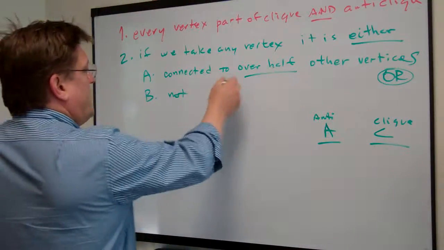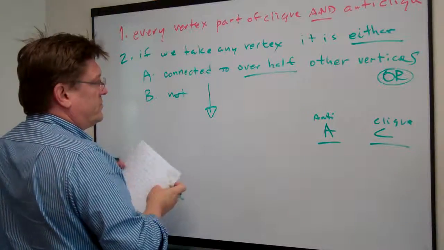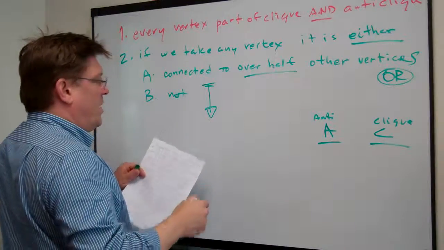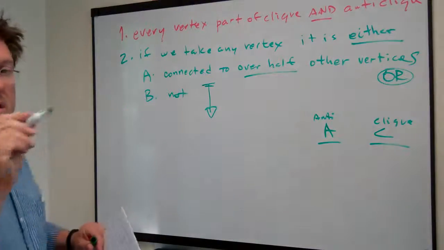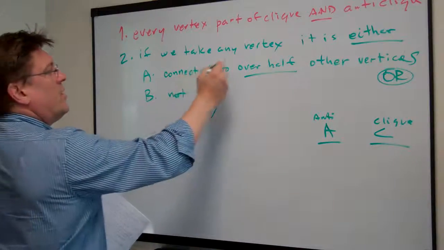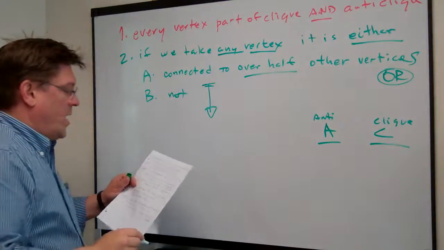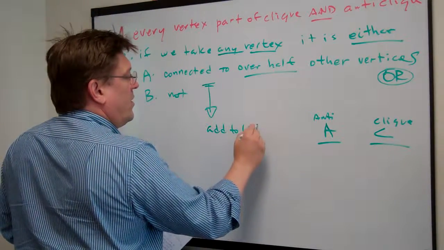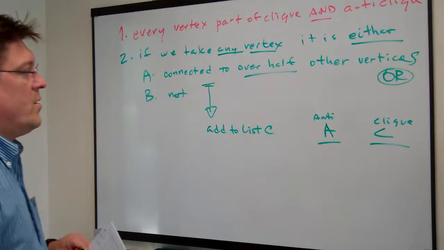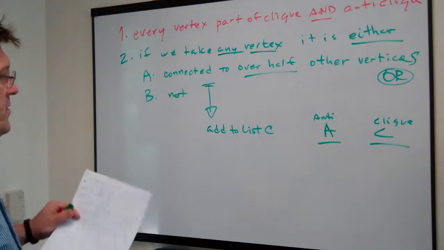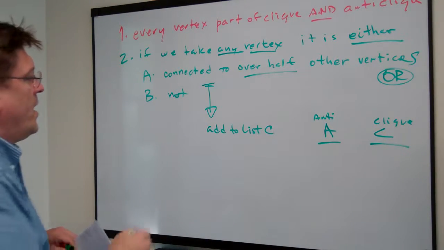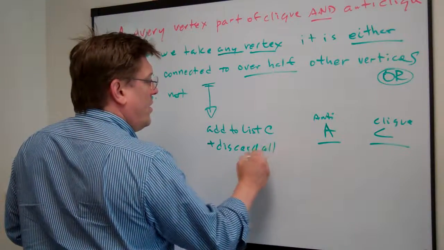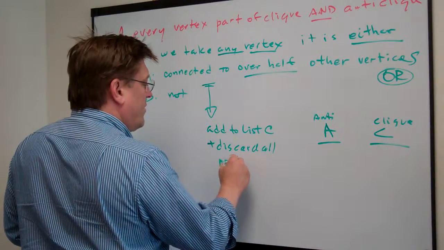And so if it's connected to over half of them, then we will take any arbitrary vertex and we'll add it to list C. List 2, list 1, whatever you want to call it, the clique list. We're going to add it to that list, and we'll discard all nodes, vertices, whatever.